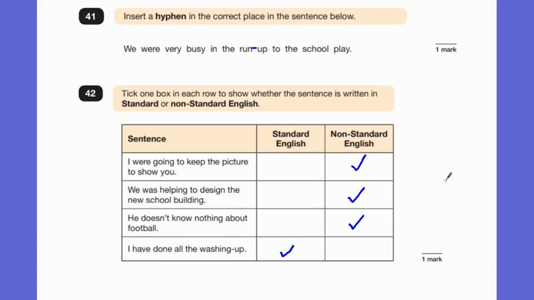With questions like this, where there are some kind of phrases that children may use in their everyday speech, they may think that just because it is correct to them, it's standard English. But we need to make sure that you're looking to see, does it make sense? Is it grammatically correct?